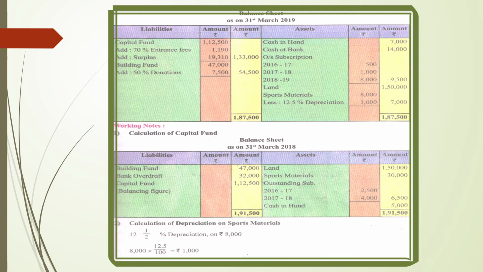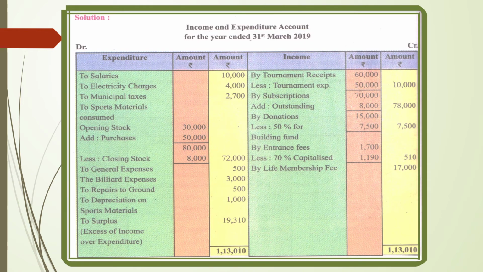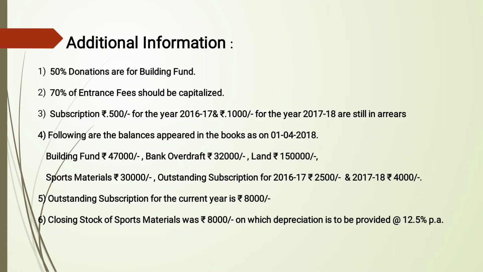To subscription, see the subscription of 3 years is mentioned, means last 2 years, and current year is of 70,000. So last 2 years subscription is rupees 2,000 and 3,000, which is related with the adjustment number 4. See what is adjustment 3 and 4. First let us see adjustment number 4. Outstanding subscription for 16-17 is rupees 2,500 and 17-18 is rupees 4,000.